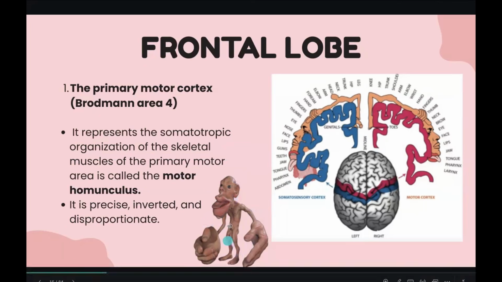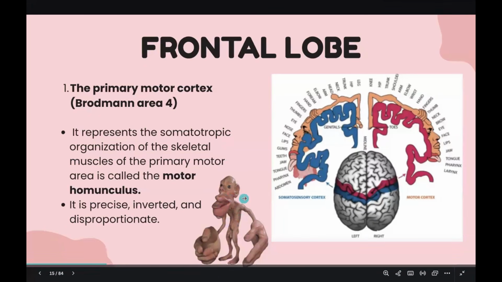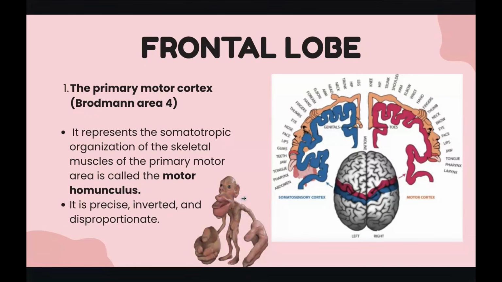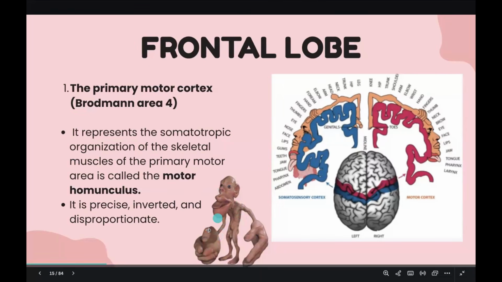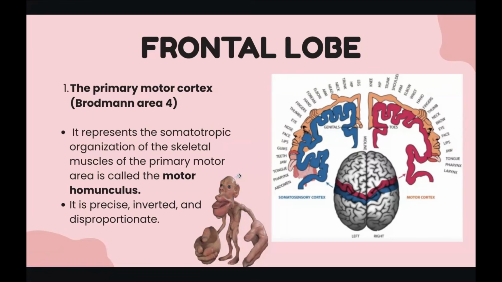It shows how our body would look if it was depicted literally by how our brain is. You get me? So do you see how big the hands and the face are, opposite to the body?